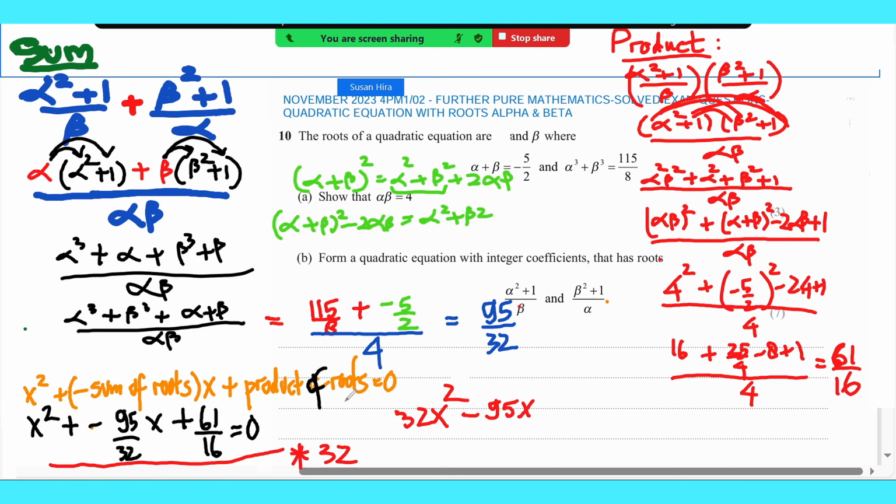Now 32 times 61 over 16, we will have 2 left because 32 divided by 16 is 2, so plus 2 times 61 equals 0. So rearrange everything: 32x squared minus 95x plus 122, 2 times 61, equals 0. So that is our final answer. This is our final answer, guys.